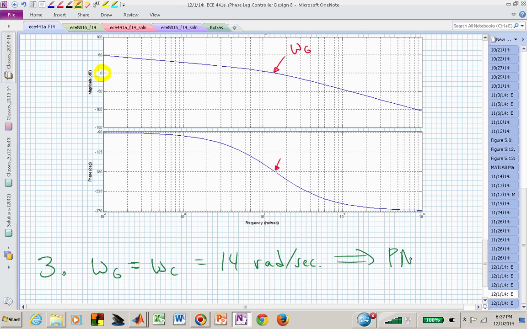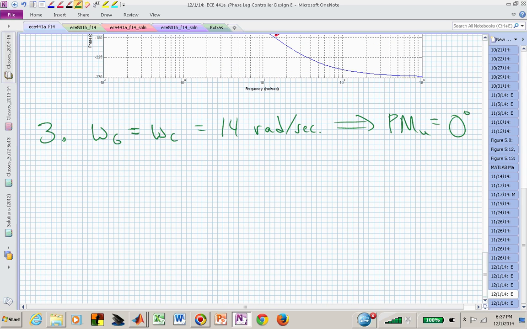I look and I'm saying that my uncompensated phase margin is approximately 0 degrees. That's not greater than or equal to 30. So now I need to introduce a phase lag controller in order to achieve that phase margin, since I'm okay to slow down my system response.